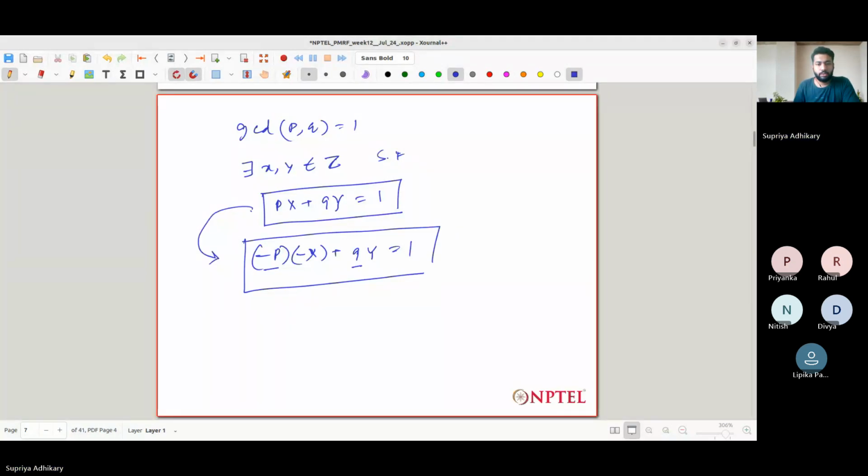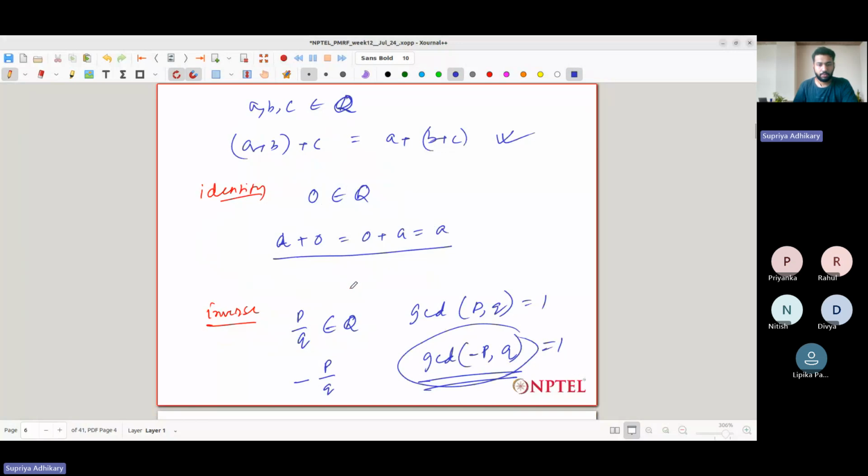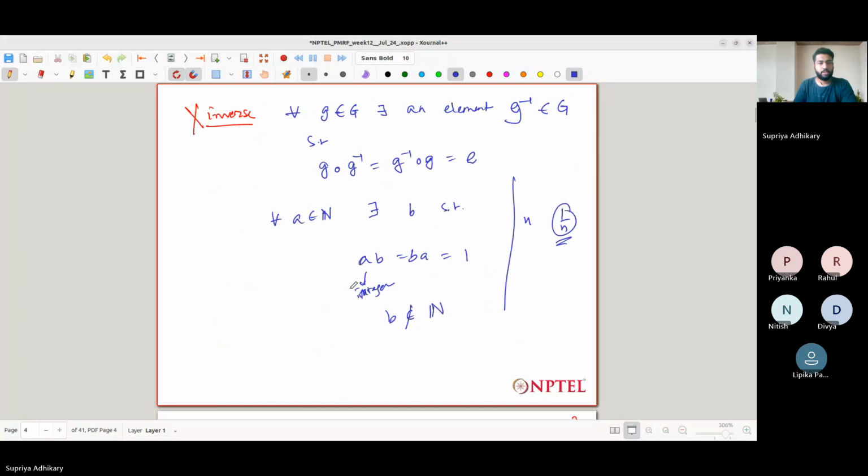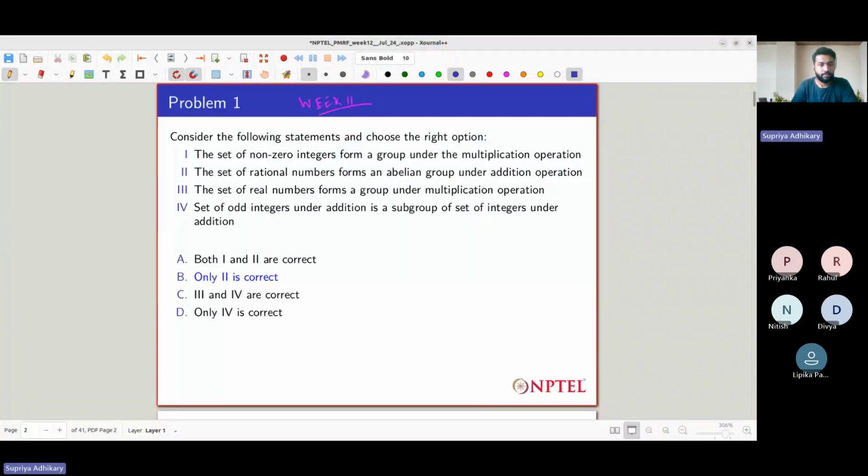So definitely the GCD of minus P and Q is also equal to 1. So this is true, and from there we can say that the inverse belongs to Q, and therefore this Q is definitely an abelian group under the addition operation.